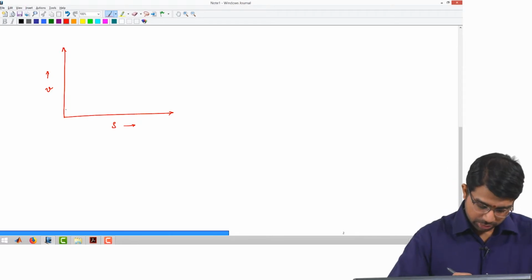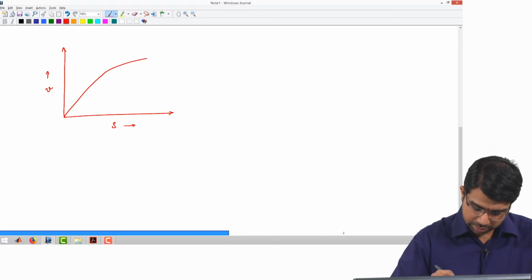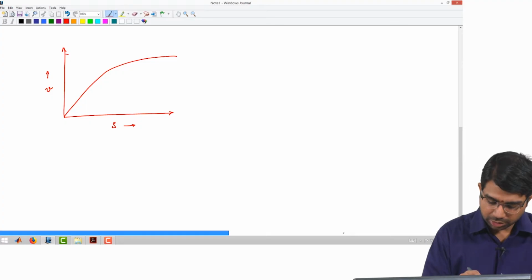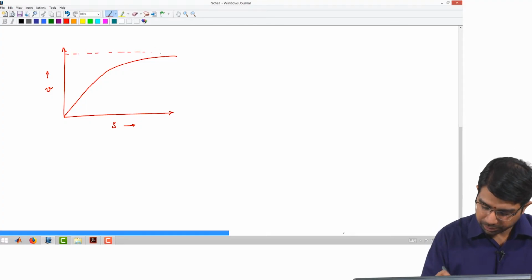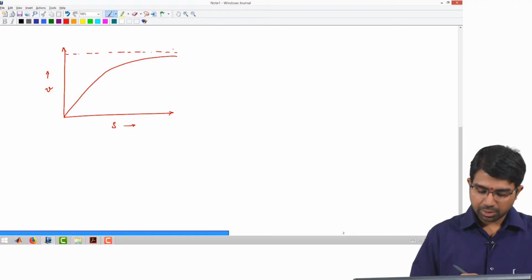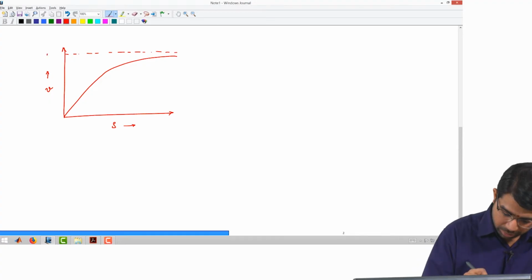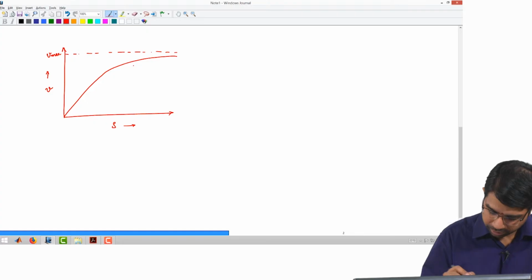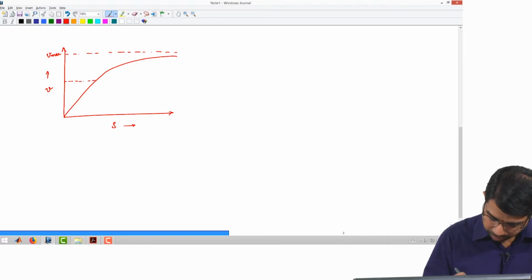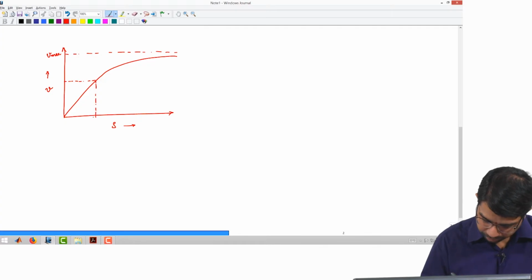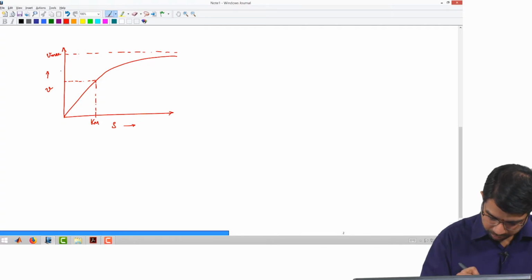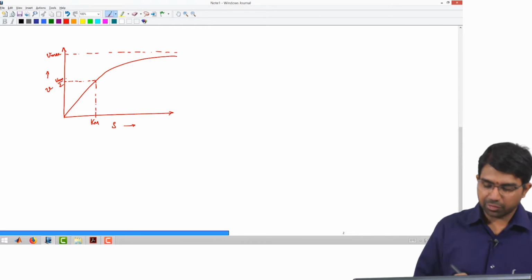Right. So, initially it goes like this and it goes to saturation. Half of Vmax.